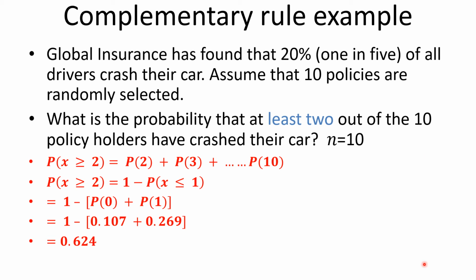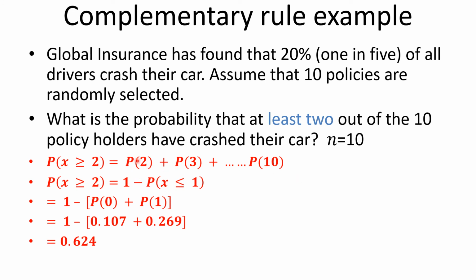Global Insurance has found that 20%, 1 in 5, that's binomial, of all drivers crash their car. Assume that 10 policies are randomly selected. What is the probability that at least 2 out of the 10 policyholders have crashed their car? Sample size 10. Probability of x greater than or equal to 2, which means we need to get 2 up to 10.